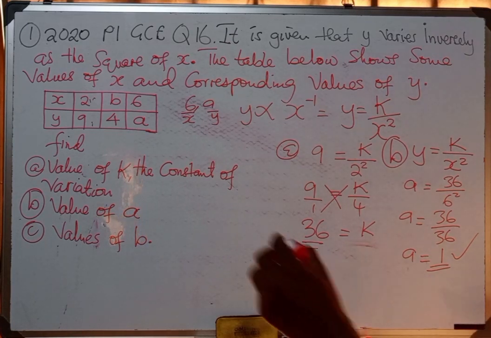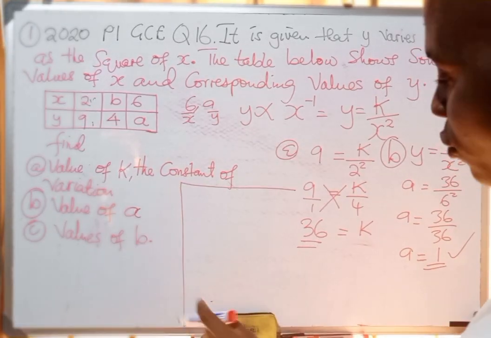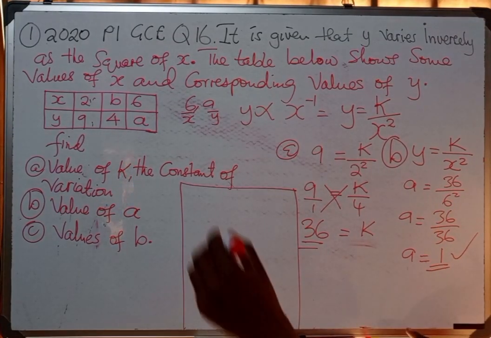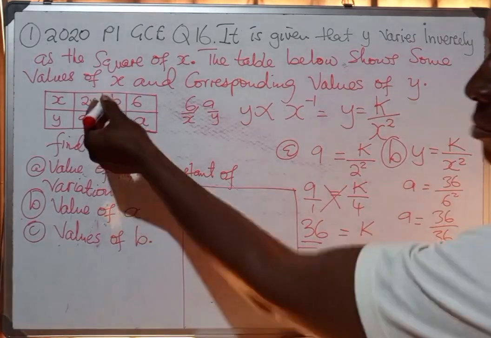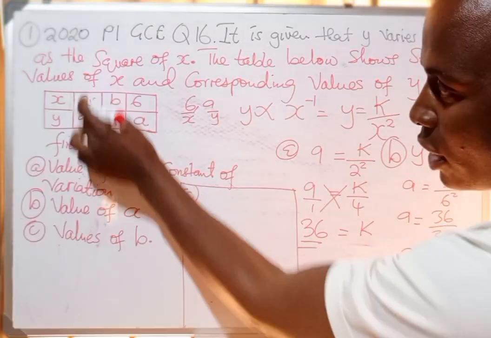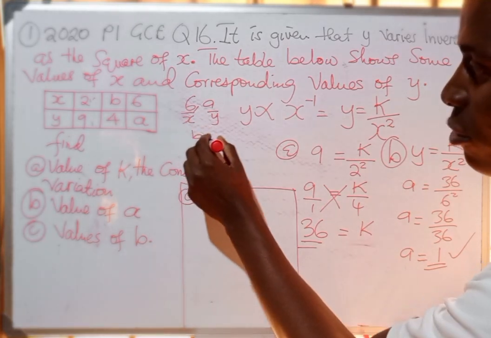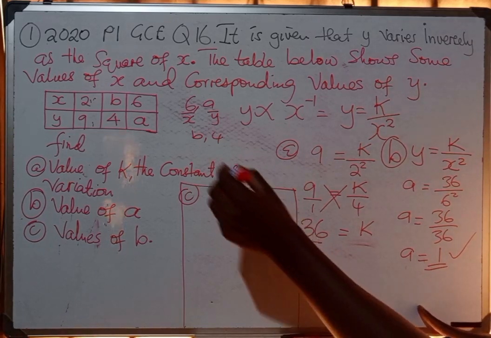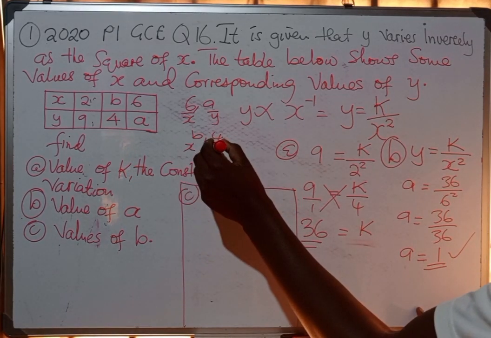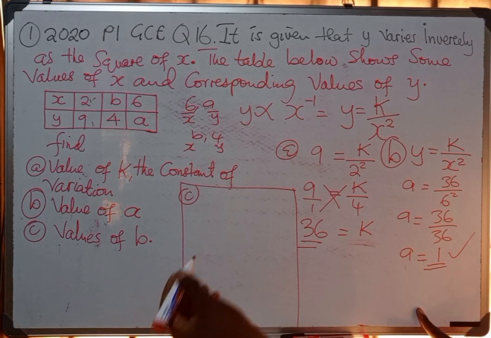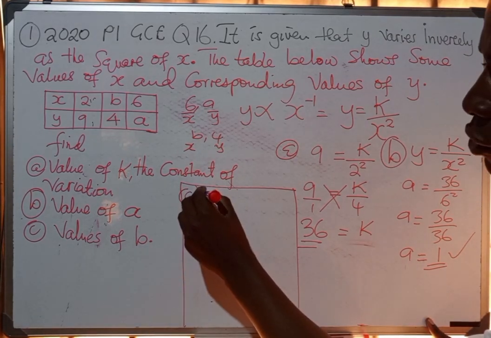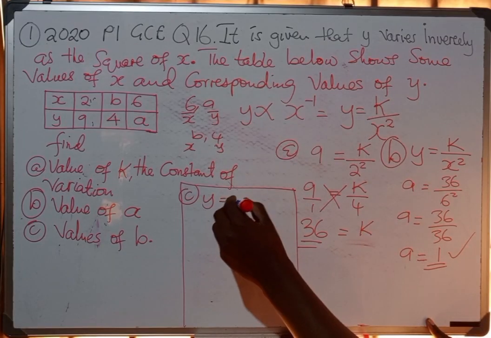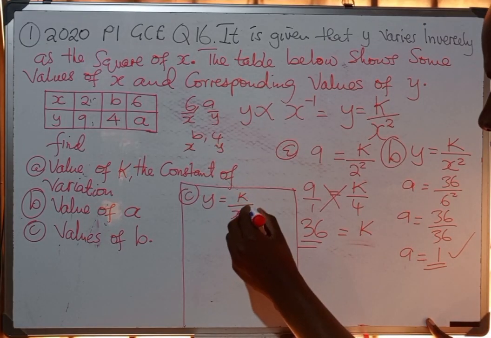So having done that one, we can now go to the next question, which is all about finding the value of b. As usual, where is our b? Our b is on the second coordinate, which is b, comma 4. This one is the value of x. This one is the value of y. Remember the coordinates. So we are going to say y is equal to k over x squared.